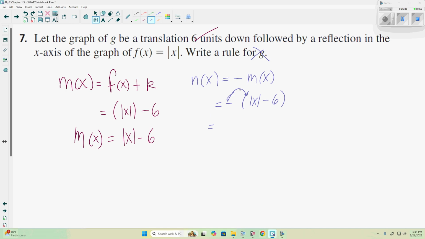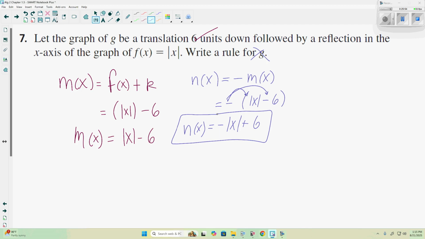And when we distribute the negative through, we would get negative times our absolute value of x plus 6. Since that's the last transformation, we're done.